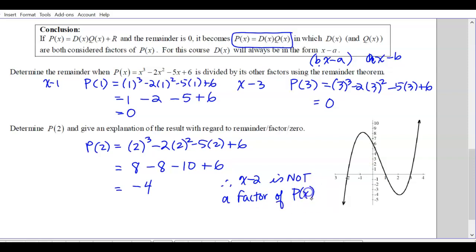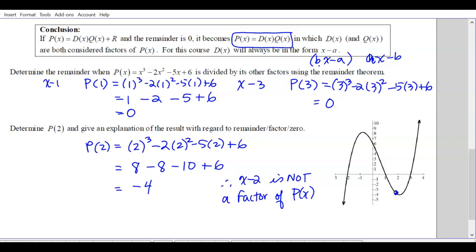Now, what's interesting, I want you to take a look. We copied the graph out here. So this is the graph of P of x. If I look at the point where x equals 2, what's the y value there? It's negative 4, right?